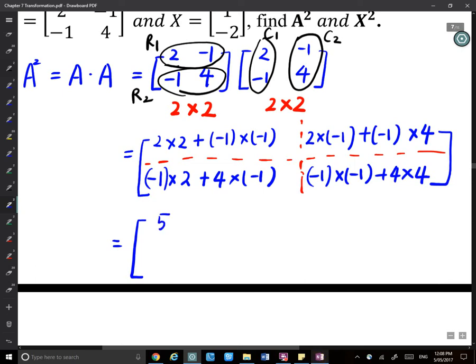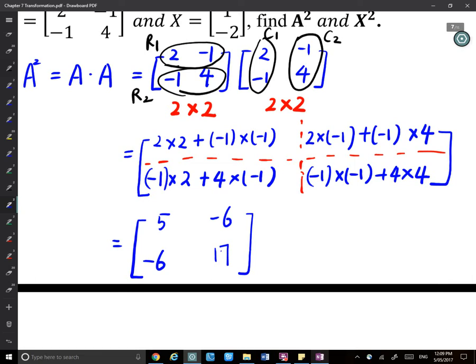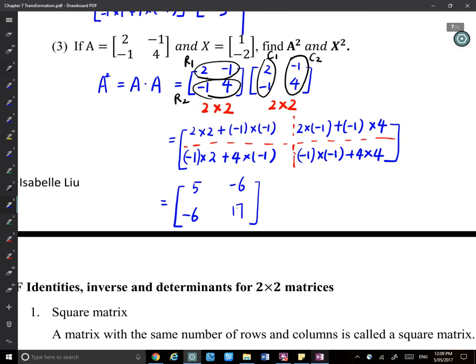Minus 2 plus minus 4, which is minus 6. Minus 2 minus 4 is minus 6. 1 plus 16 is 17. So A squared equals 5, minus 6, minus 6, and 17.